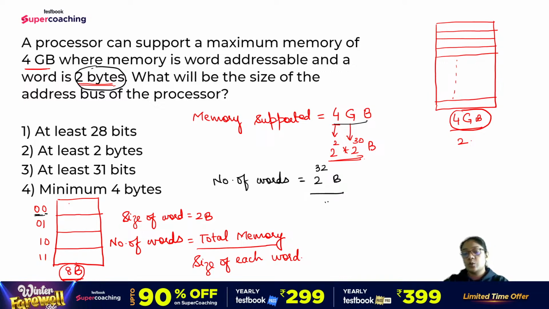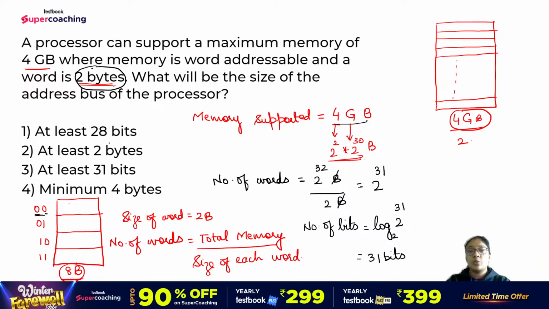So this comes out to be divided by 2 bytes. Units का हमेशा ध्यान रखना है. So this comes out to be 2 raised to power 31. If there are 2 raised to power 31 words, then the number of bits required will be, obviously, for that we need to take the log. So the number of bits will be log of 2 raised to power 31. So that comes out to be 31 bits.